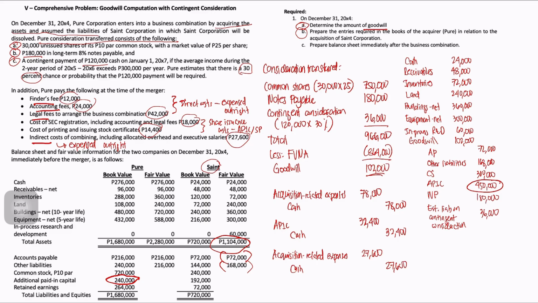And those are all the entries in the books of the acquirer. For the third requirement, which is to prepare the balance sheet immediately after the business combination, we will have this in a subsequent discussion.